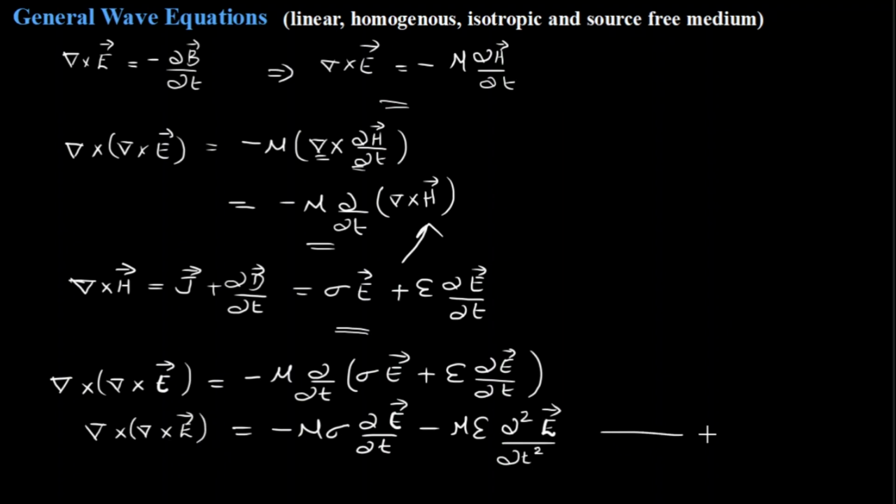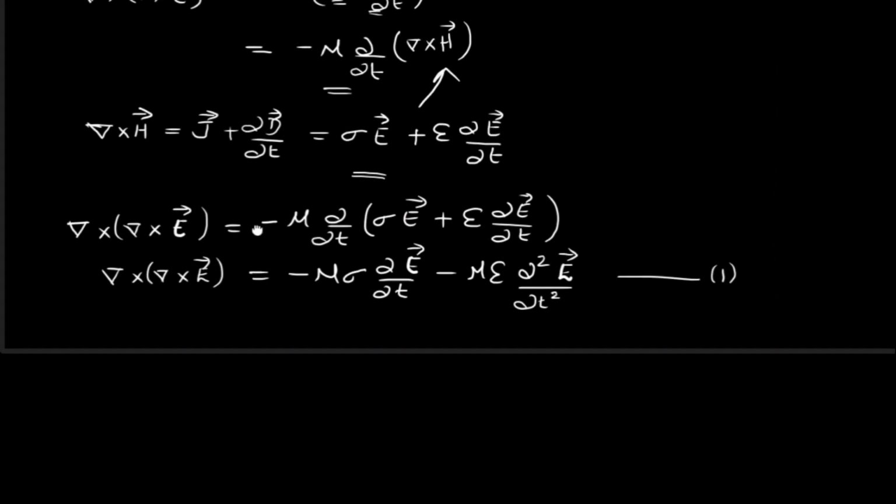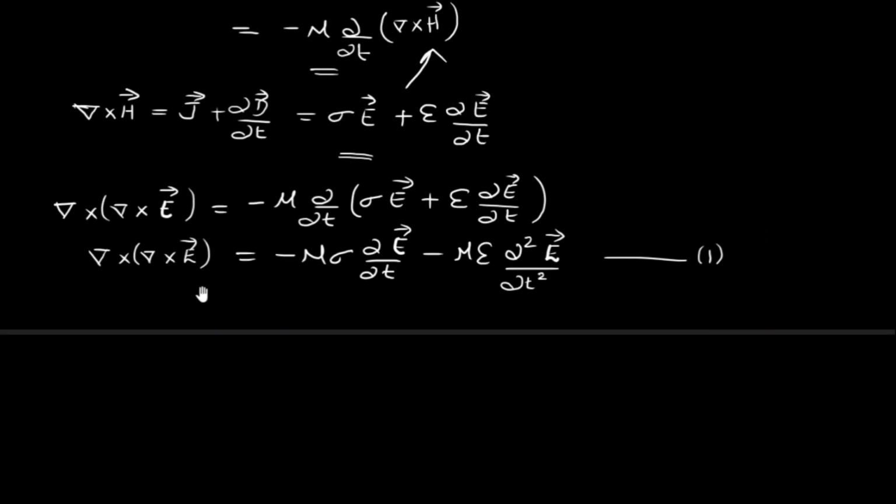Let me mark this as an equation so that I can use it for later reference. Hoping that the derivation is very clear till this point. I will be using a vector identity now to proceed. There is a famous vector identity for the double curl of any vector, in this case the E vector.